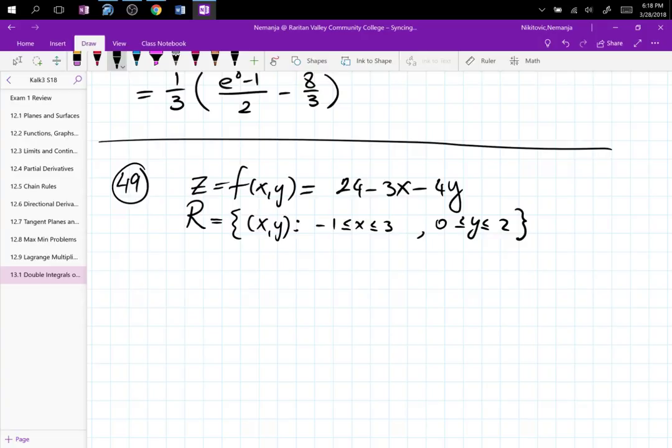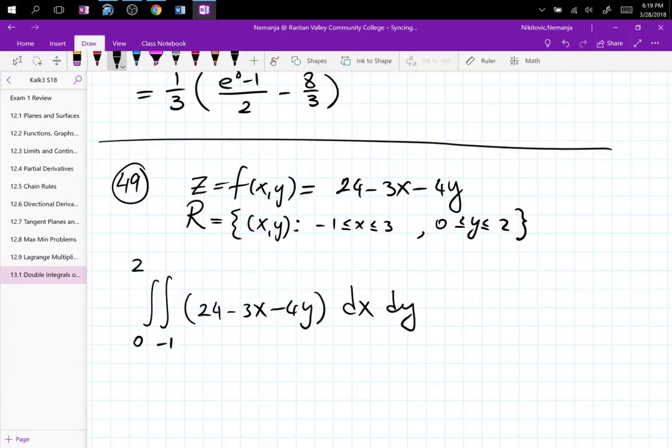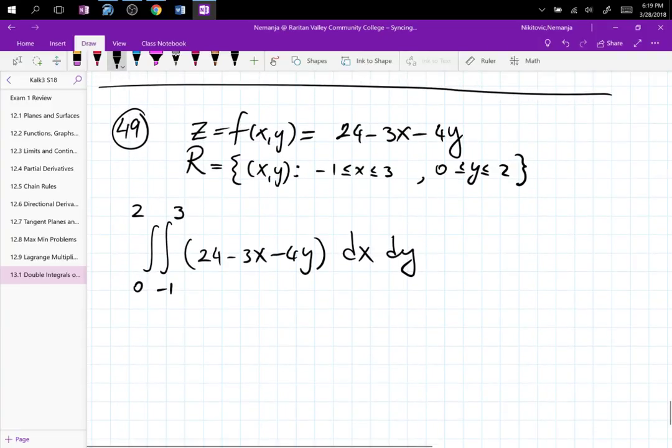You take a look at this f of x. It doesn't matter whether you do dx dy or dy dx. Let's do dx dy because we can. We did a lot of those dy dx so far. So double integral of 24 minus 3x minus 4y, and let's do dx dy. So the outer integral is the y, which means 0 and 2 on the outside, and then -1 and 3 on the inside that correspond to the x integral.